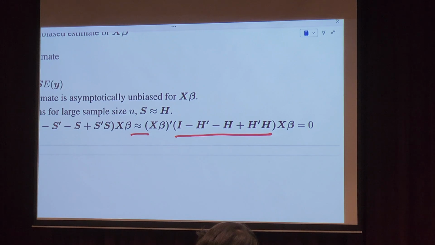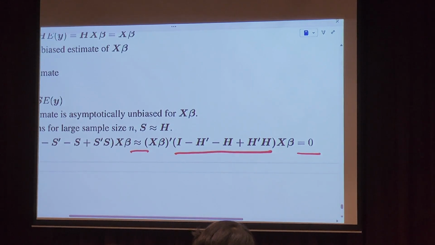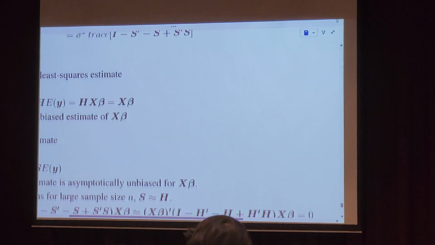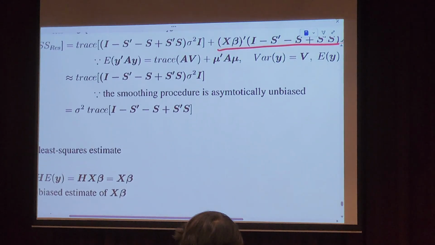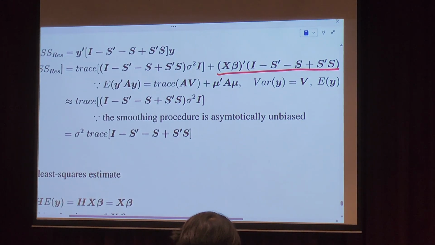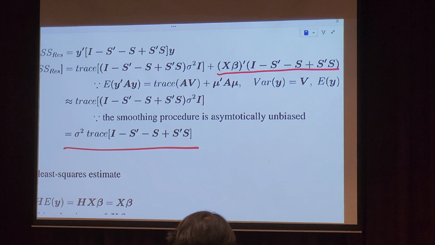As you have proved a number of results in the tutorial, you can show this easily. One of them will cancel out, and then with I minus H, you can show that this is 0. So that brings us back to this one. So finally, we have this result here because of the asymptotic property.